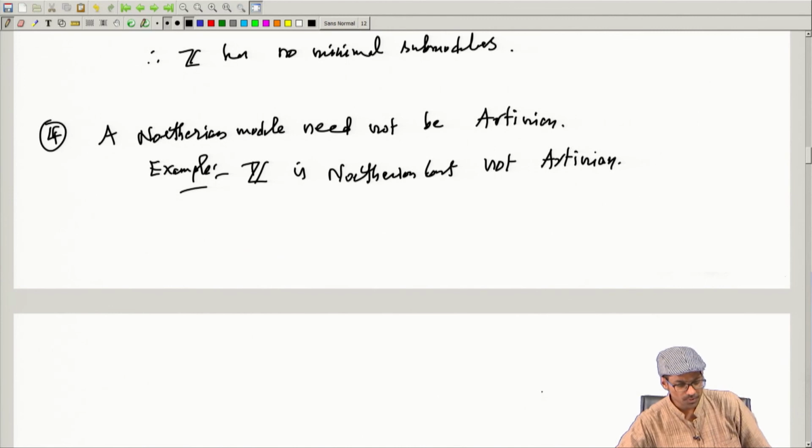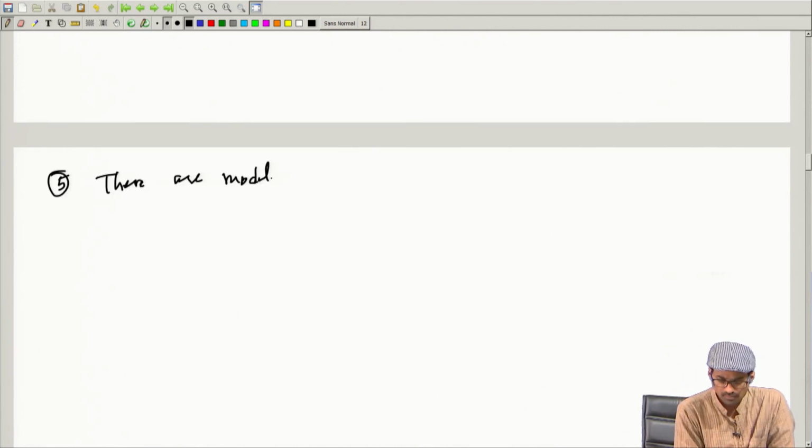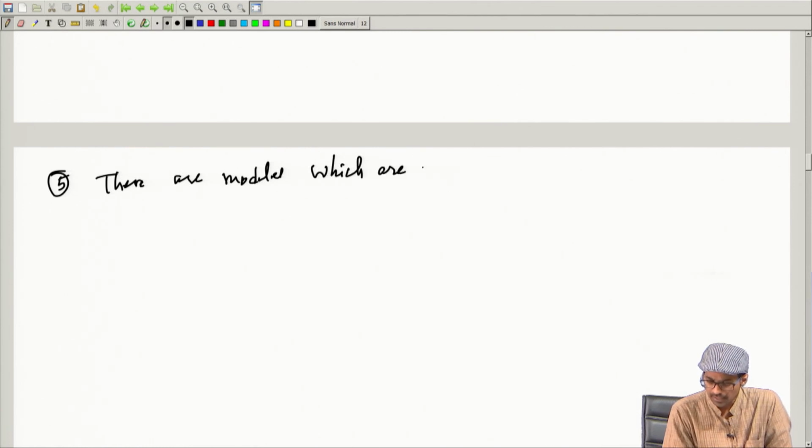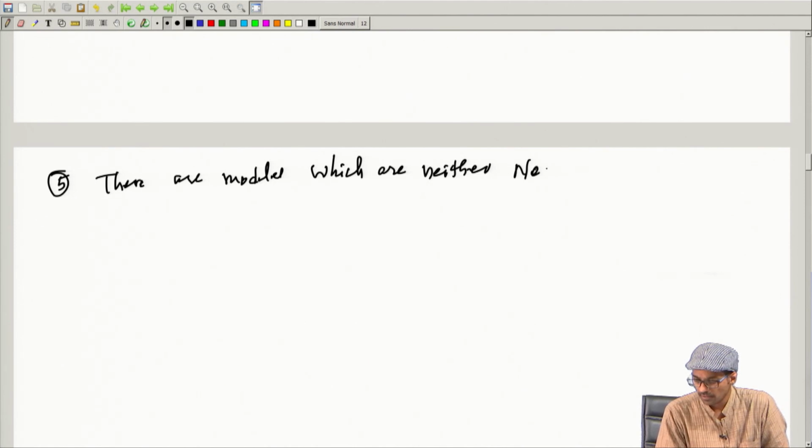And also there are modules which are neither Noetherian nor Artinian.